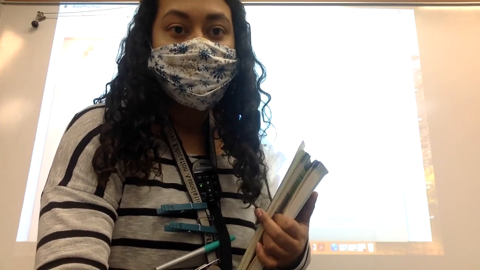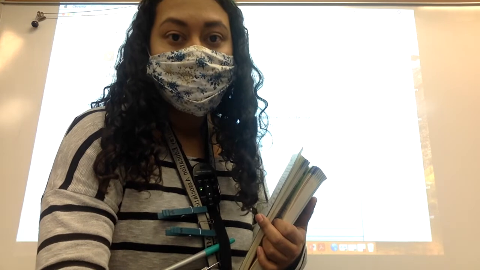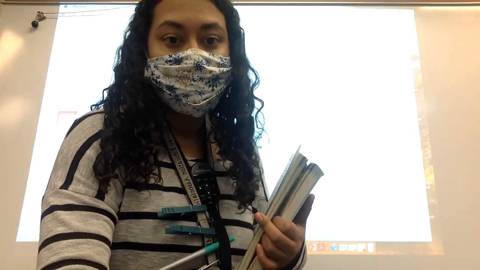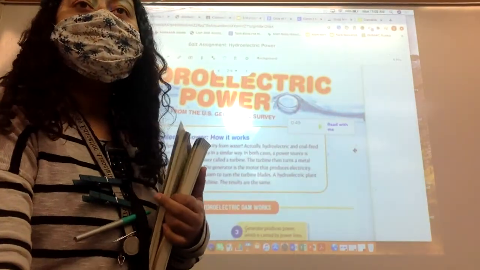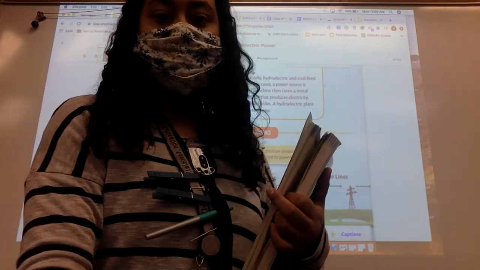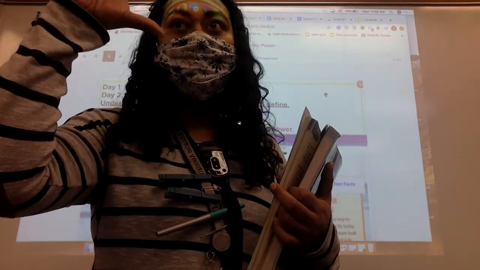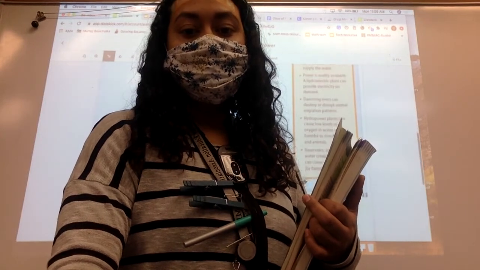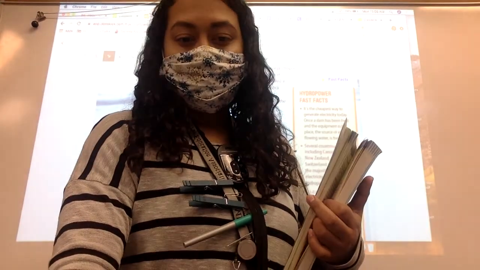We are finishing up our Ready Writing assignment about hydroelectric power so that we can understand how to write informational articles. We read through the how it works part and filled out our organizer to have the first part done. We have two more parts to get done, the benefits and the problems.